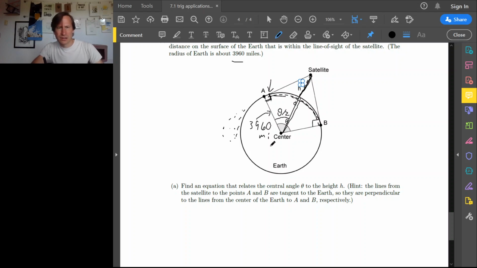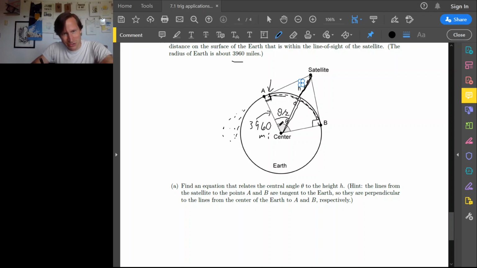Okay. We're trying to relate theta to the height h. The height isn't a complete side of this right triangle, but it's part of the hypotenuse of this right triangle. So maybe we could use the fact that it's part of the hypotenuse to relate it to the angle.